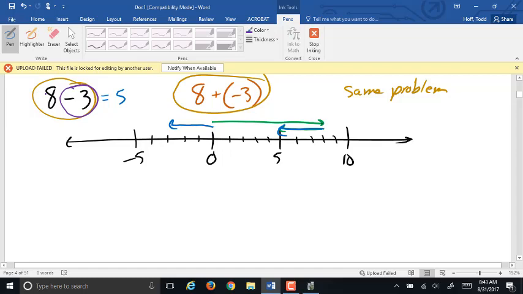It doesn't do anything to the 8, it's telling us what to do with the 3. Well, the subtraction symbol means add the opposite. So we add, and then the opposite of 3 is negative 3.